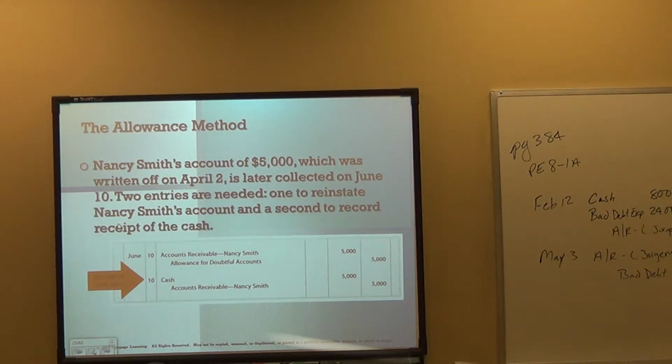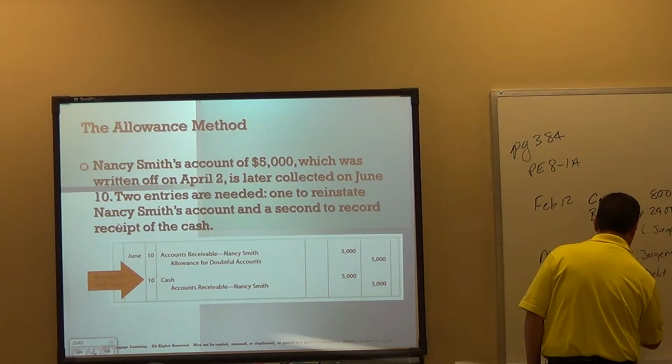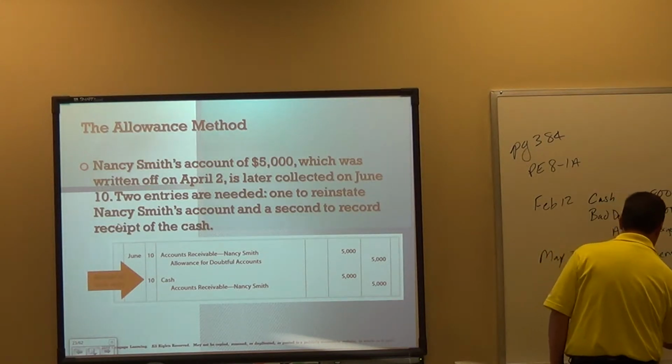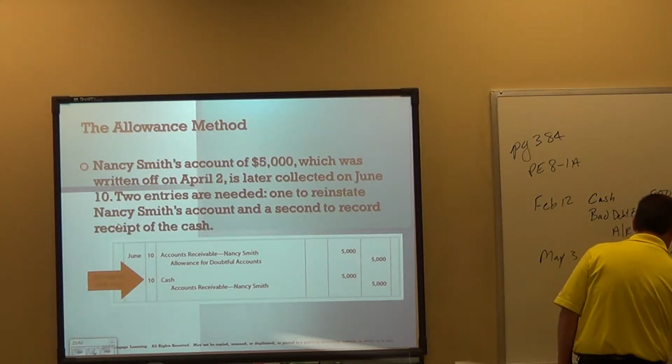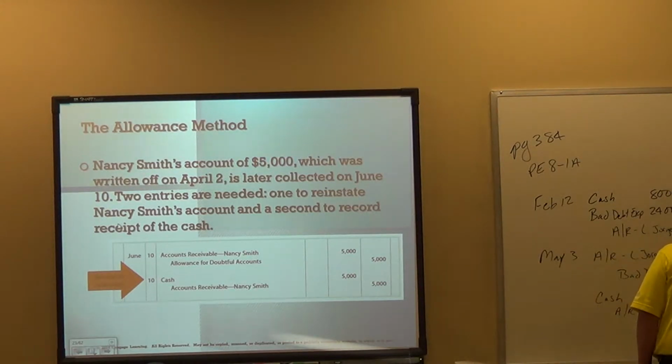All right. Questions on that part? Then what do we do? We get paid as cash, and then now we write it again as accounts receivable, and that is for the 2,400.